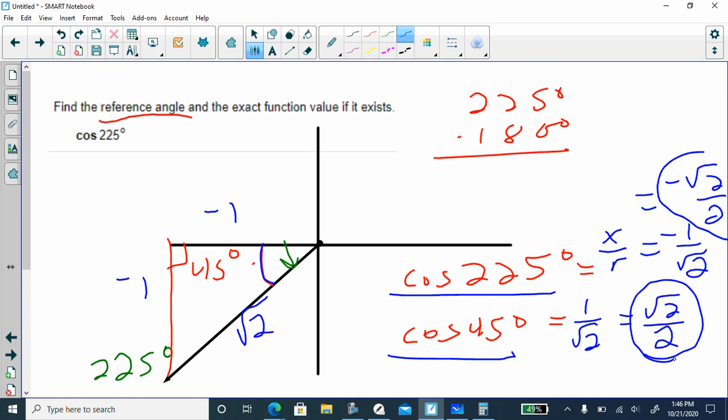In the first quadrant, cosine is positive, but in the third quadrant, cosine is negative. Why is that? Because cosine is x over r. R is positive. If we're in the third quadrant, x is negative, so that would make for a negative ratio. Same reference triangle, but since we're in the third quadrant, x is negative.